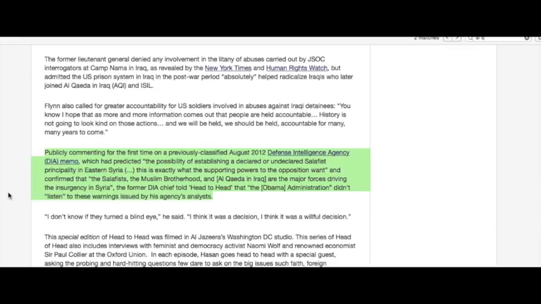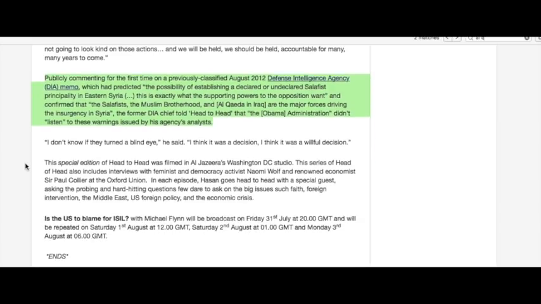So Flynn was putting out there what we ought to know is the real issue, but a lot of people still haven't figured this out. They haven't figured out that it's the West, it's the CIA and Western intelligence agencies that are really funding, aiding, and abetting these jihadis to be their kind of proxy army, and that's just made abundantly clear.